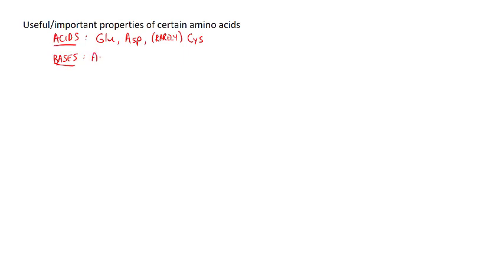We already saw those, arginine, lysine, and less frequently, histidine. And notice that because these two become protonated near neutral pH, they have pKa's near neutral pH, these can function as both acid or base at near neutral pH.